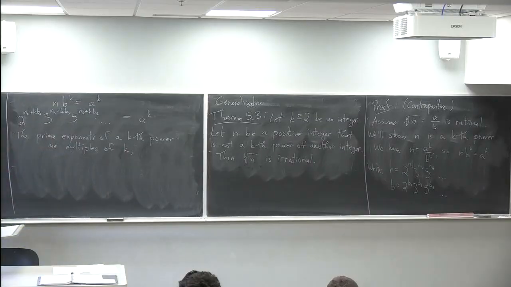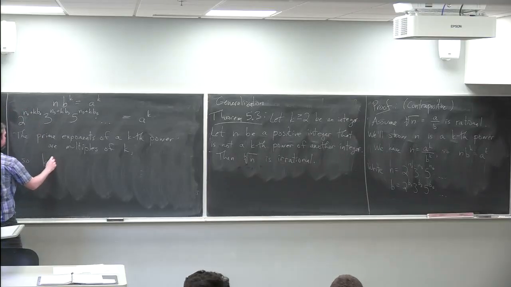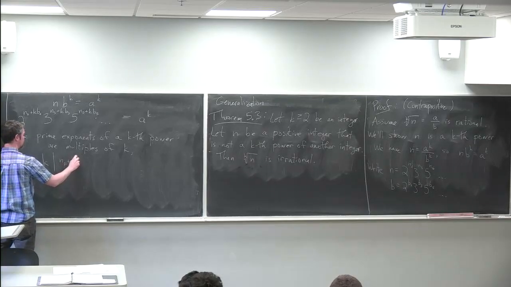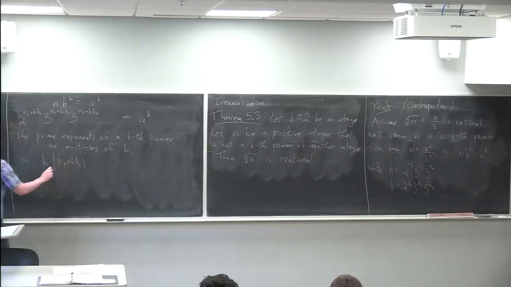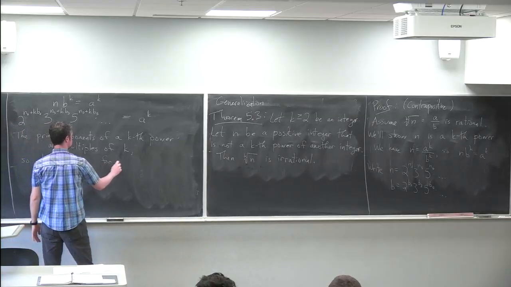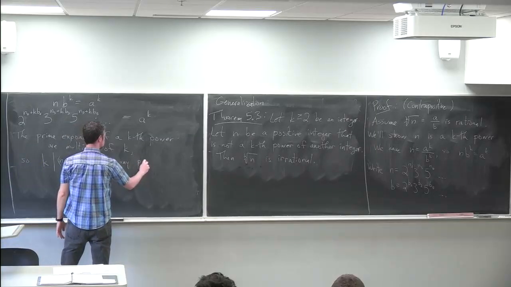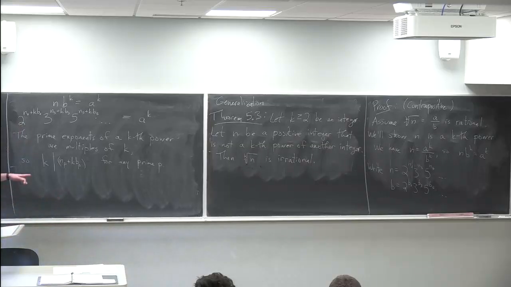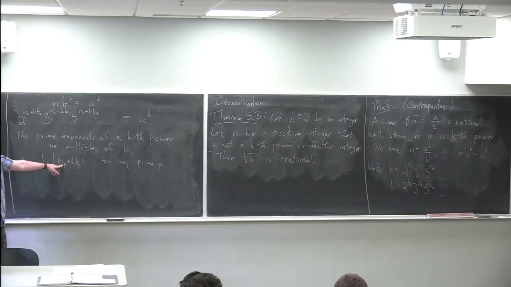What that means is that all of these exponents are divisible by k. So k divides n sub p plus k times b sub p, for any prime p. But look, this k times bp is already a multiple of k, so that's going to imply the np is a multiple of k as well.